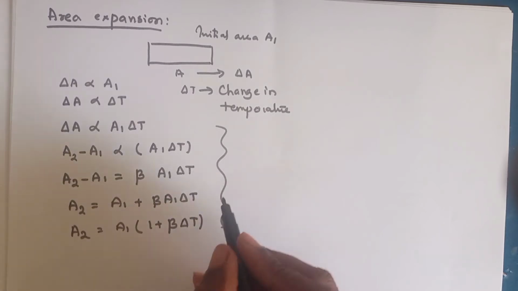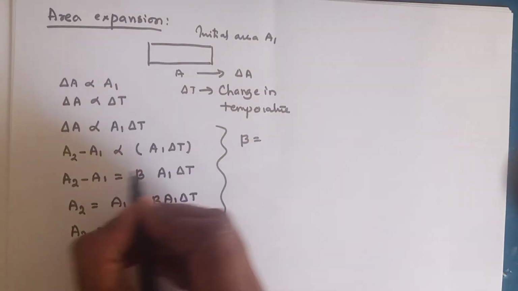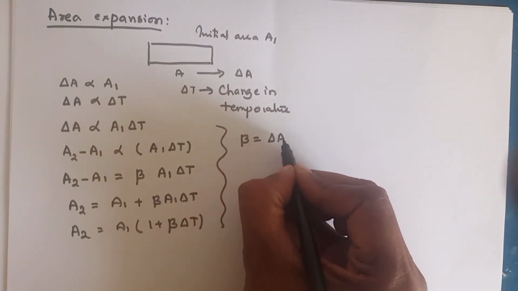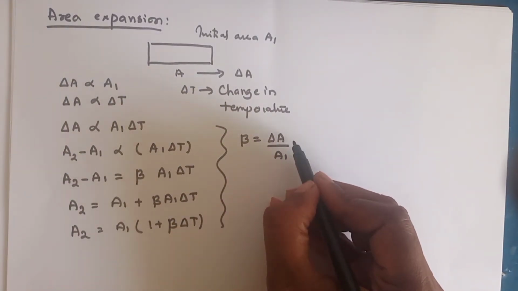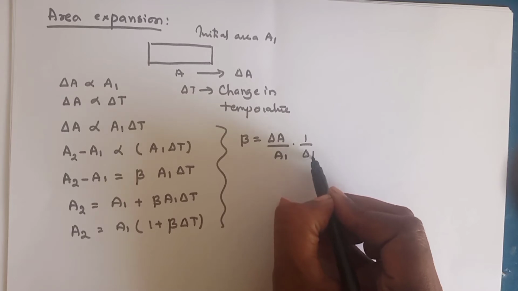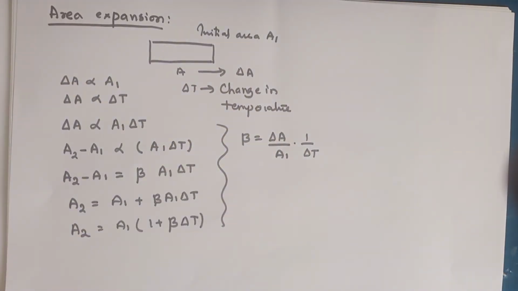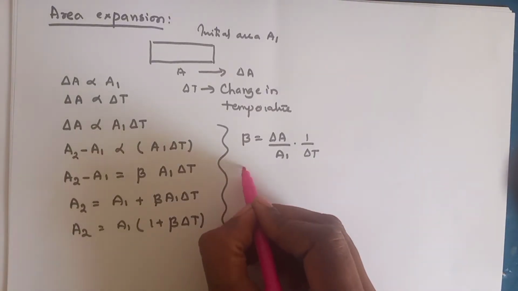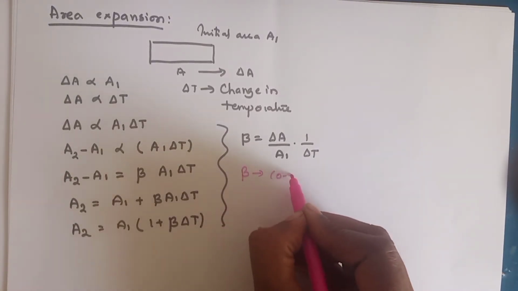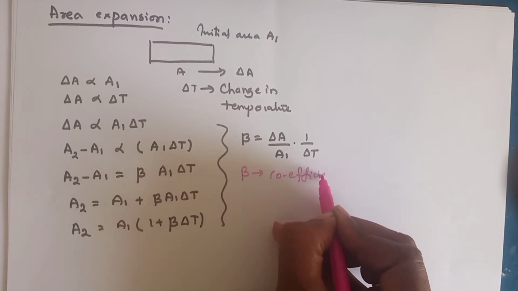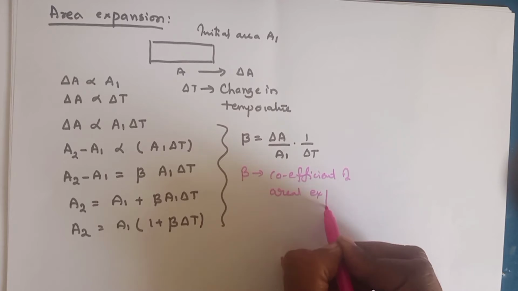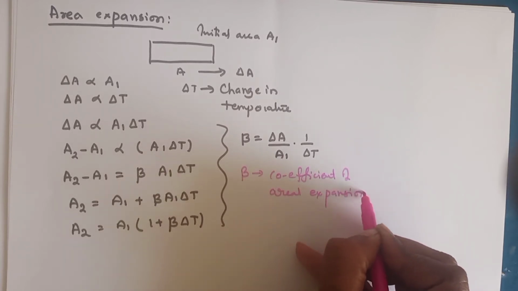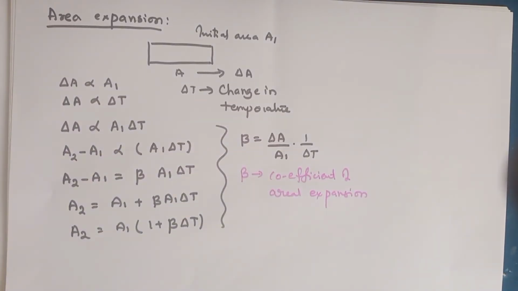So how do you write beta here? Beta is equal to delta A by A1, the change in area by the original area, into delta T. So what is beta here? Beta is the coefficient of areal expansion.